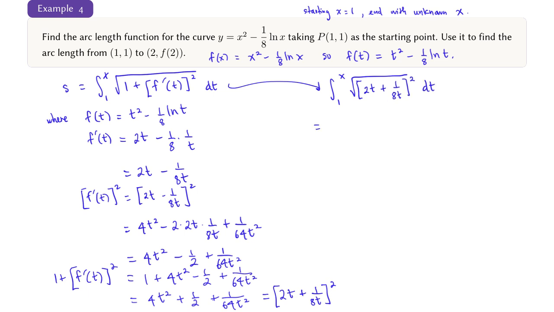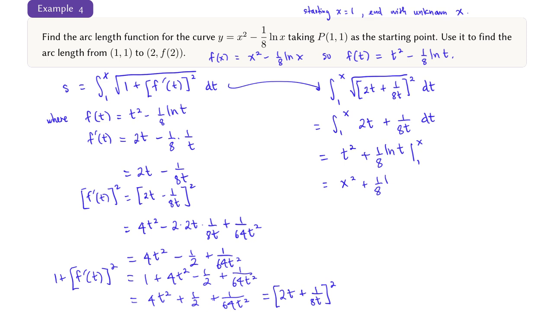The square root and the square cancel out. We end up with the integral from 1 to x, 2t plus 1 over 8t dt. The antiderivative of 2t is t squared, and the antiderivative of 1 over 8t is 1 over 8 ln of t. We evaluate this at t equals 1 and t equals x.